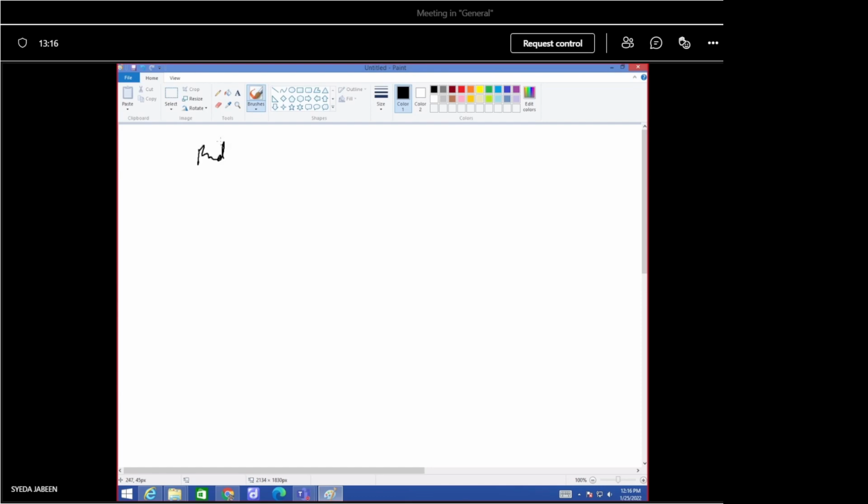Find eigenvalues. Find the eigenvalues of this.